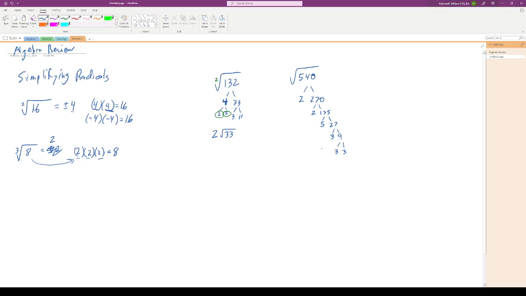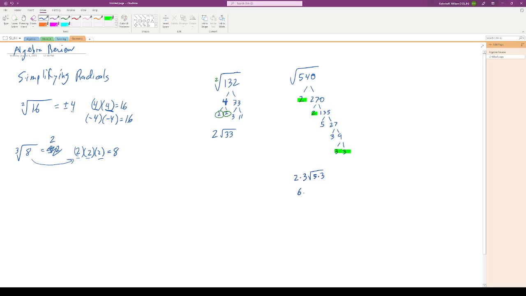So I've found all of my prime factors, and now I'm going to look for the pairs of numbers within those. I have a 2 and a 2, and I have a 3 and a 3. In fact, I have another 3, but it doesn't have anything it's paired with. So I end up with 2 and 3 coming outside of the radical, and left inside is the 3 and the 5. Once I have all the numbers where they go, I recombine them.